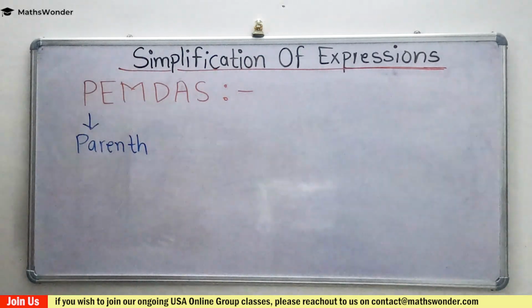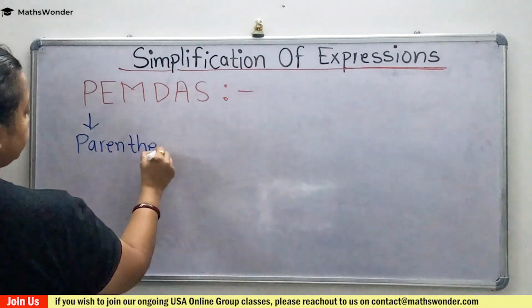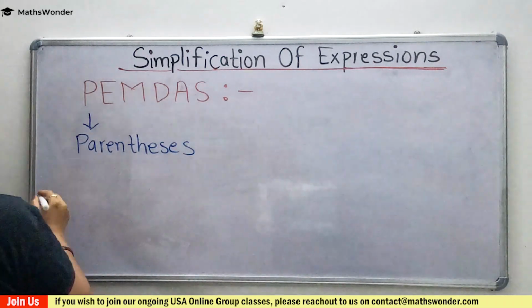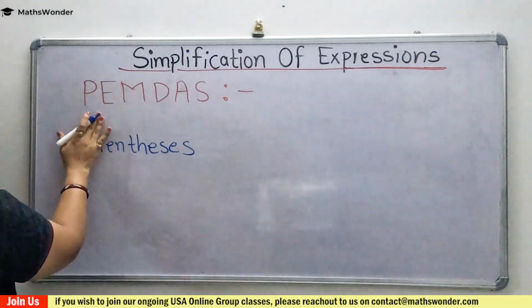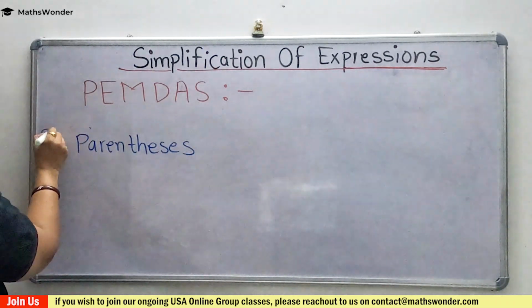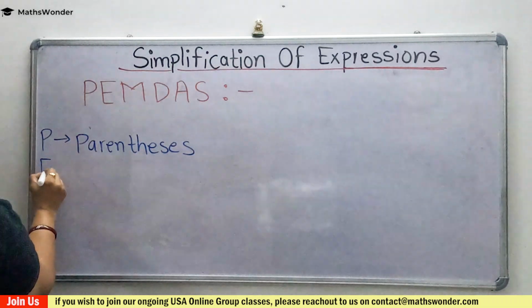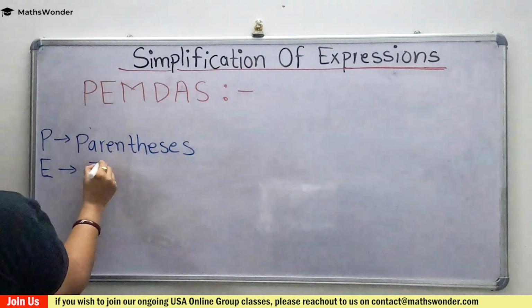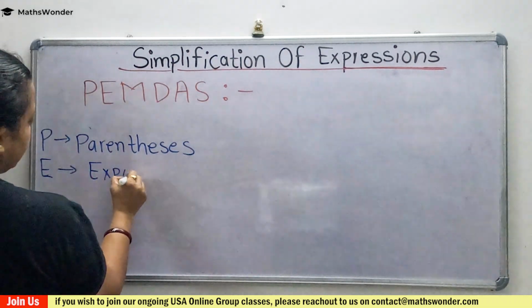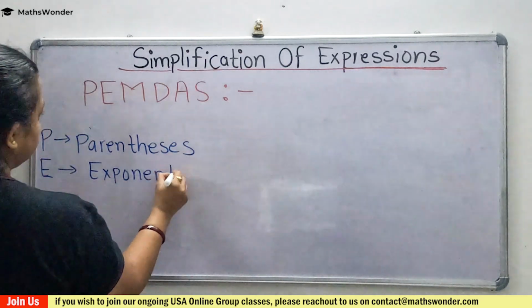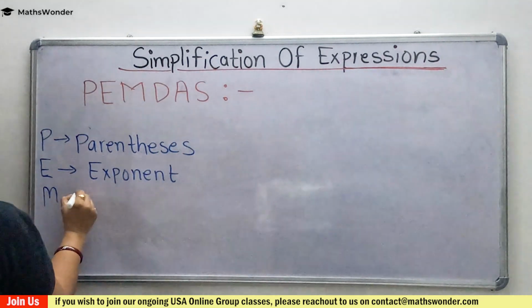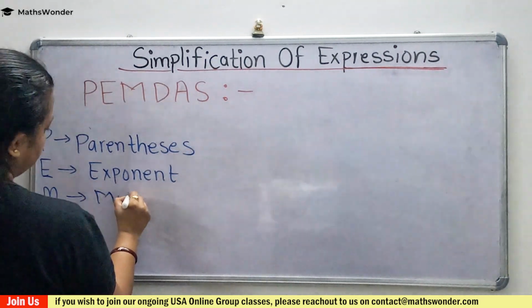I'm not explaining it again. E stands for exponent. M stands for multiplication, division, addition, and subtraction.